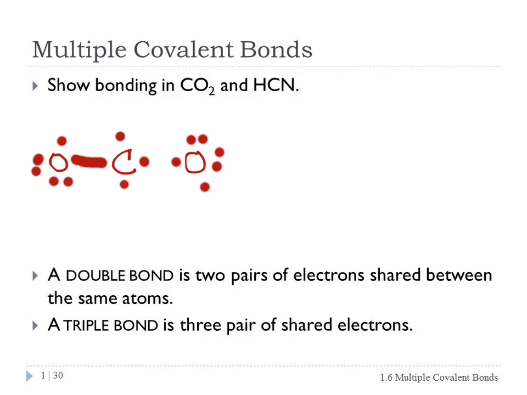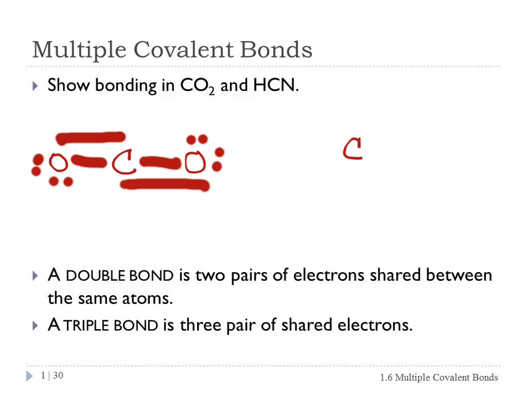So if we share this guy and we share this guy, these pairs, we're closer, but we still don't have 8 valence electrons for everybody, right? And so what happens is carbon and oxygen are going to share another pair of electrons, and these two are going to share another pair of electrons. And we end up with what's known as a double bond.